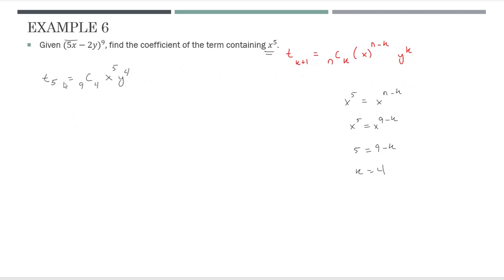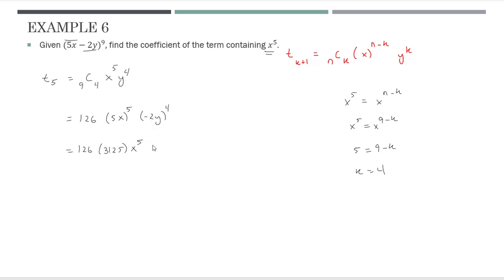Okay, so now we can substitute other values in and simplify this as much as possible. So 9 choose 4 is 126. 5x represents our x, so 5x to the power of 5, and then our y is negative 2y, so negative 2y to the power of 4. And then we can start doing some more simplification. So 5 to the power of 5 is 3,125, and that's times x to the power of 5.